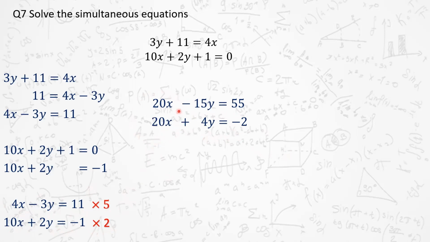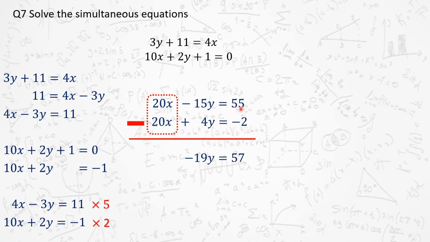Because 20x the same, top and bottom, then I need to use the top equation, take away the bottom equation. So I have 20x minus 20x give me nothing, minus 15y minus 4y give me minus 19y. 55 minus 2 give me 55 plus 2.